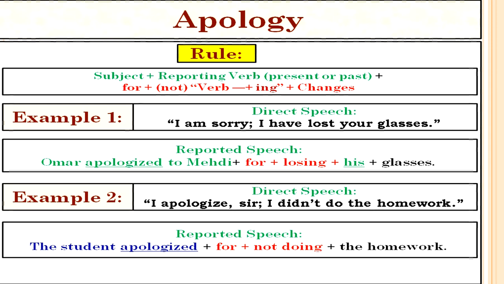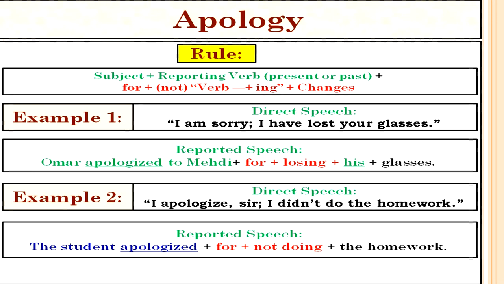So after the student apologized, we have for plus not, which is taken from didn't, plus the verb plus ing. Here we have the main verb do plus ing, doing. When we finish the sentence, the homework, we have no other changes to make.